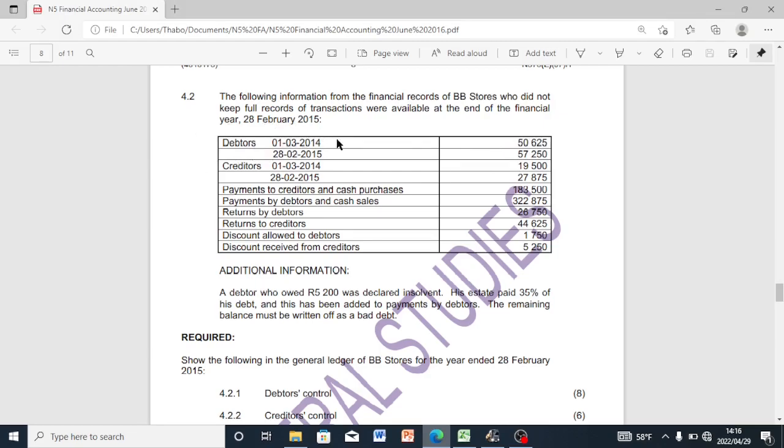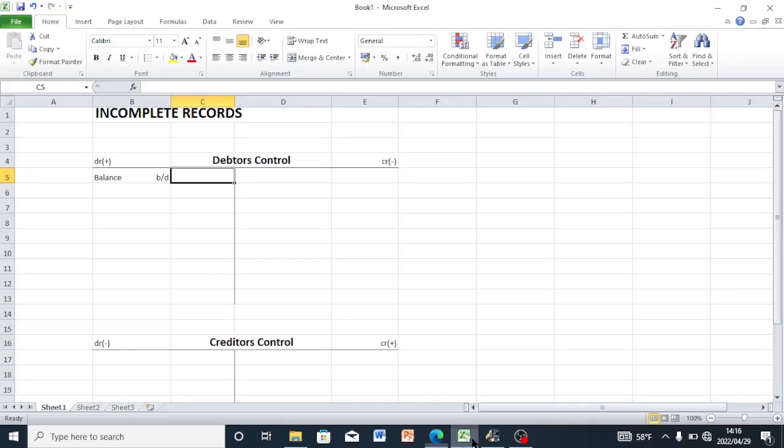This is for the debtors control. According to the dates, this is the balance at the beginning of the year. So this is going to be our opening balance, and then this is going to be our closing balance. 50,625.